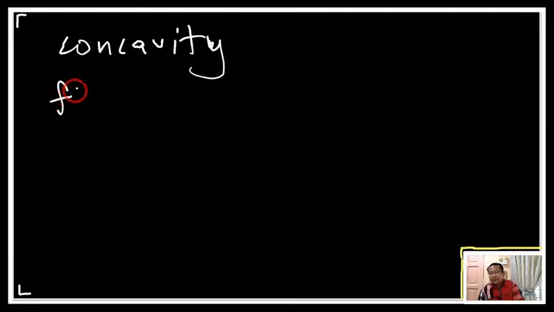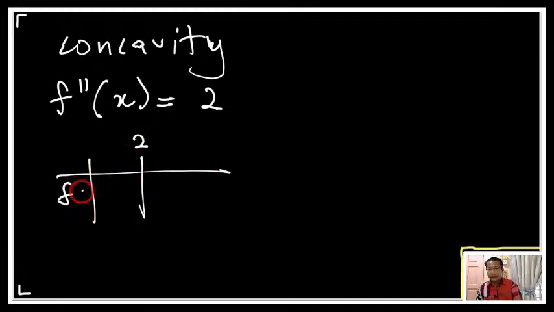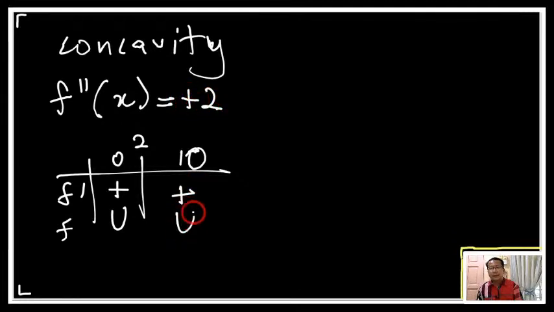Concavity. So you need to find the second derivative of f. The first derivative is 2x minus 4, so the second derivative is equal to 2. The critical point is 2 just now. So this one is f double prime, and this one f. You try 0, less than 2, positive, so concave up. Greater than 2, for example 10, also positive, because there's no x, always positive. So this one also concave up.